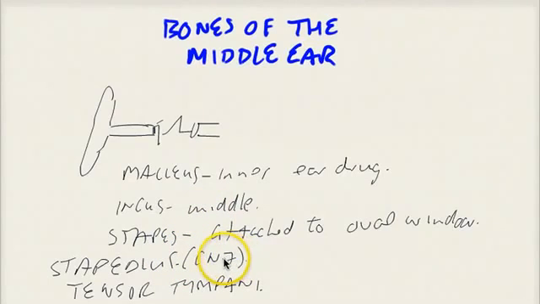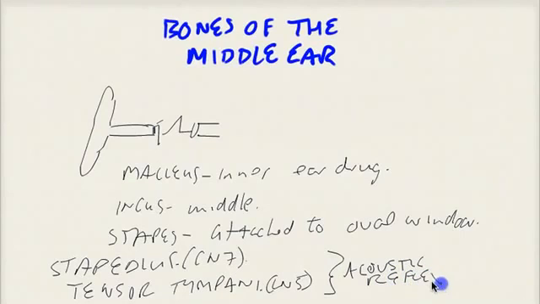The tensor tympani muscle connects to the base of the malleus, and this is under the control of cranial nerve 5. When loud sounds enter the ear, these muscles contract through a mechanism known as the acoustic reflex or the tympanic reflex, in order to reduce the transmission of sound into the inner ear.